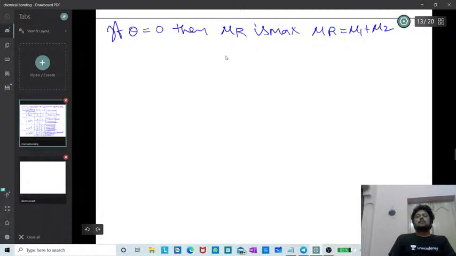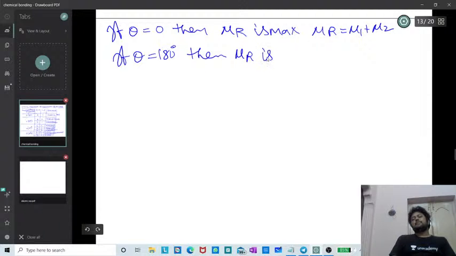Because cos theta is equal to 1, so the square root of mu1 square plus mu2 square plus 2 mu1 mu2 becomes mu1 plus mu2. If theta is equal to 180, then mu r is minimum. That means the two vectors are facing in opposite directions. Mu r is equal to mu1 minus mu2. Okay, because this is the resultant formula.